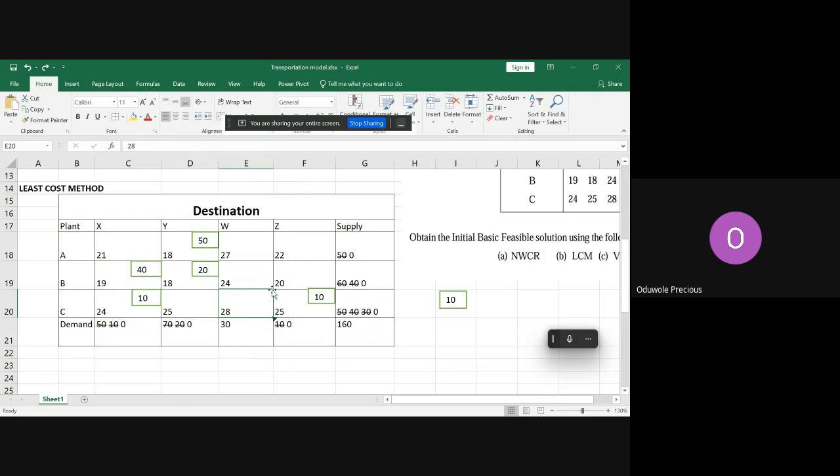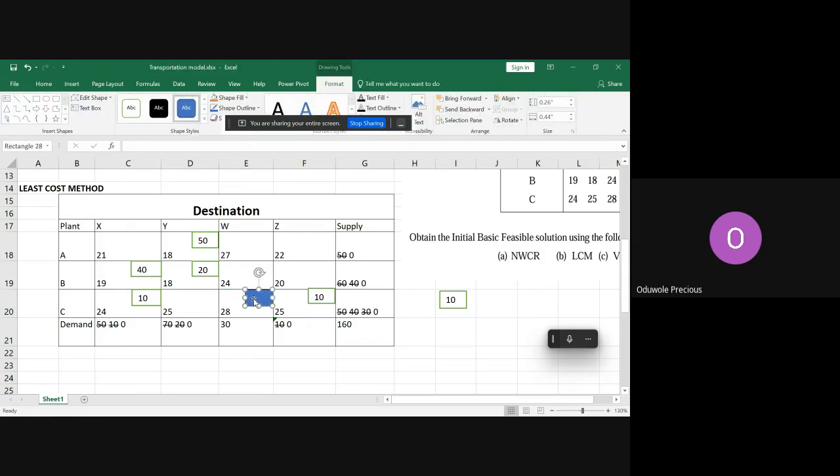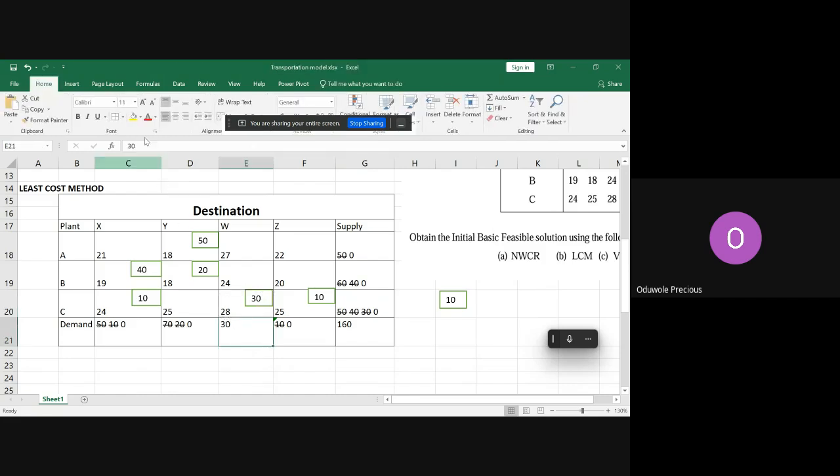I've forgotten that. So this is 30. Then we would transfer 30 since we meet all our demand. And with that, we are completely done.